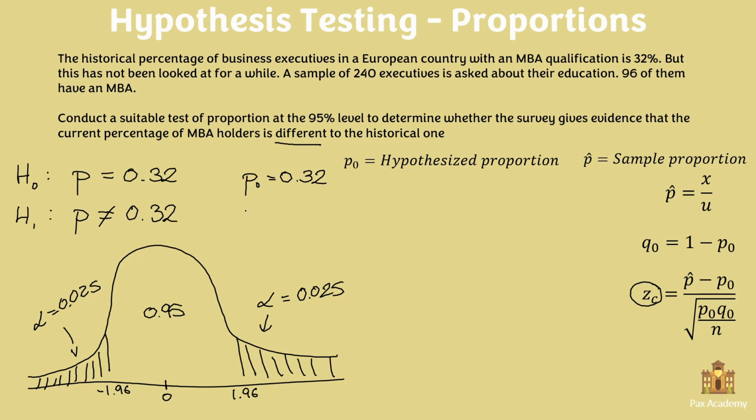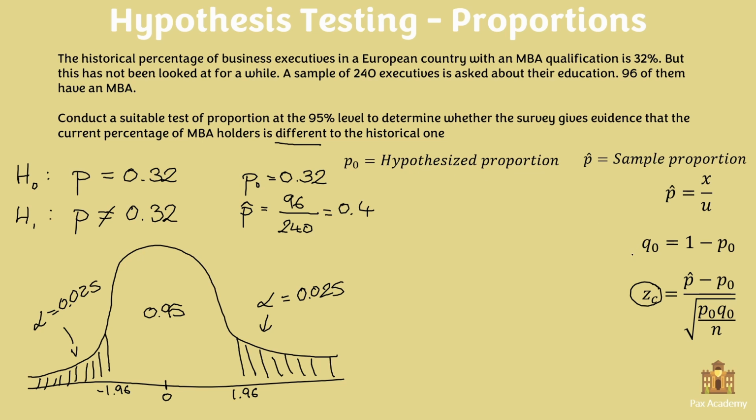Then the sample proportion is going to be X, so in this case 96, because they're the ones that have an MBA, over the total sample size, which in this case is 240. And this should give you 0.4. So this is the sample proportion.